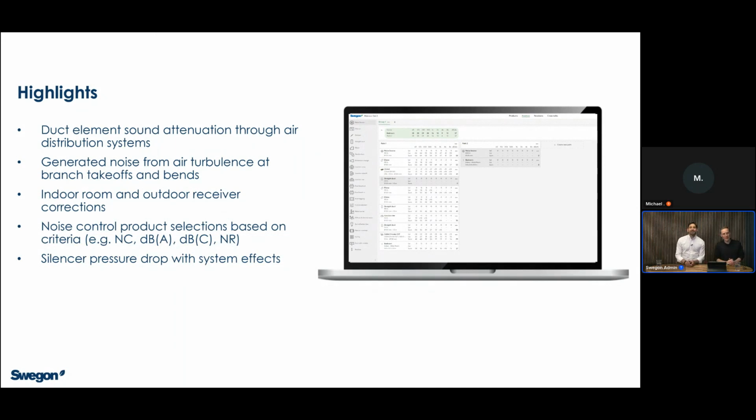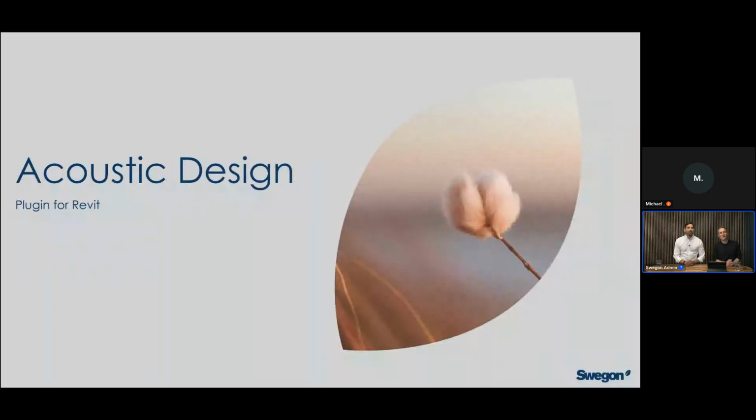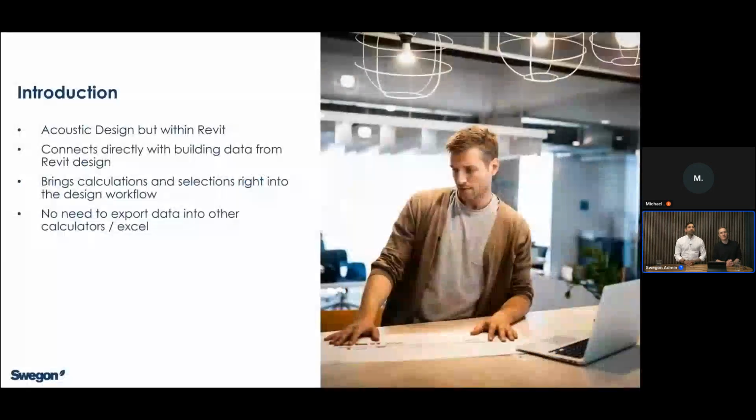Yes, thank you. So from here, you understand that we have acoustic design. When we move into the plugin, what we do is we take the functionality of acoustic design and we connect that directly into Revit, which brings us lots of benefits. We take the building data from your model. So instead of having to create room dimensions and sound outlets and inlets, all this can be captured from what you've created in the model already, from your ductwork system, from your rooms.